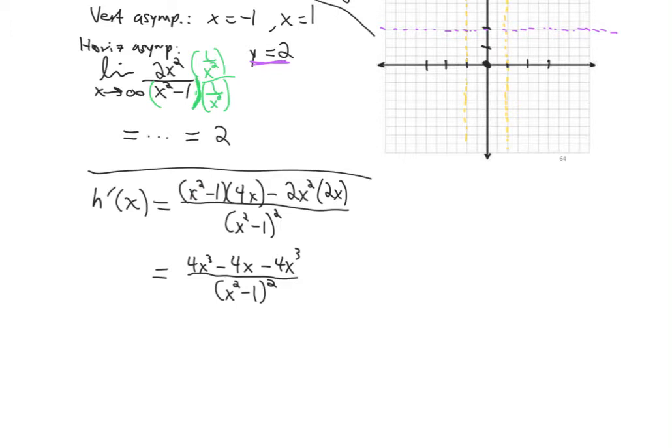But sometimes when you multiply things out and find like terms in the numerator, it actually will sometimes make things a lot easier. Turns out that the 4x cubed cancel out, and we just have nice and simple 4x over x squared minus 1 squared is our first derivative.